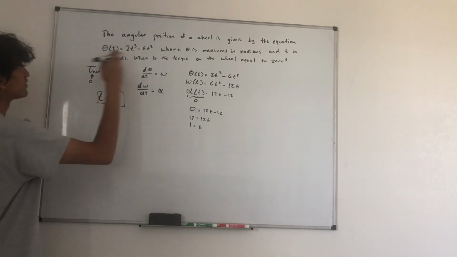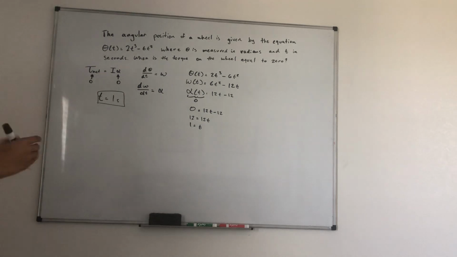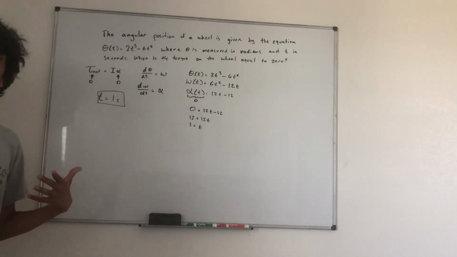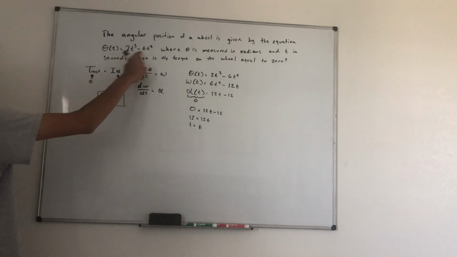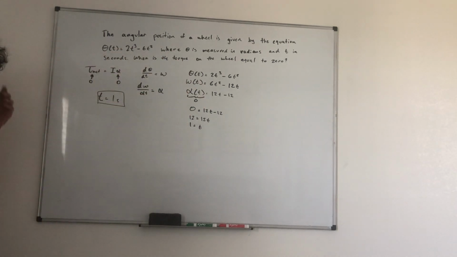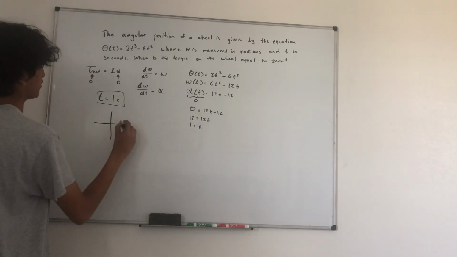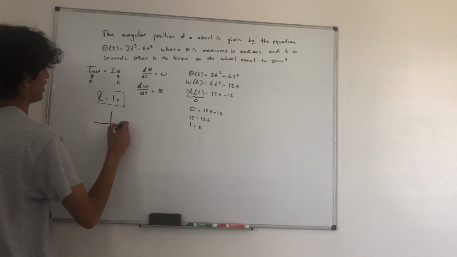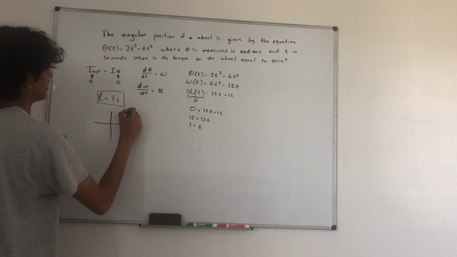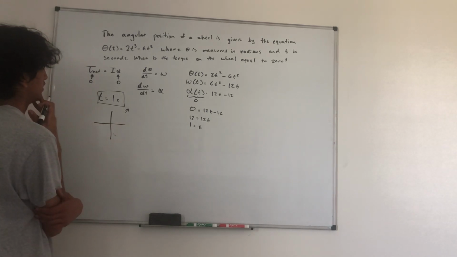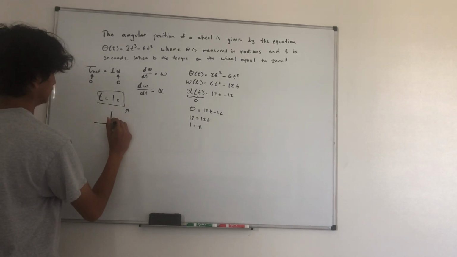So a certain torque is being applied in order to get the wheel to rotate according to this equation. If I were to graph this, I think it would look like this.